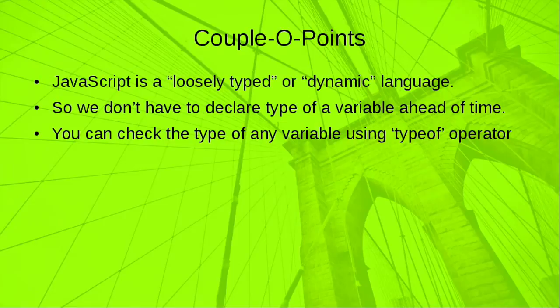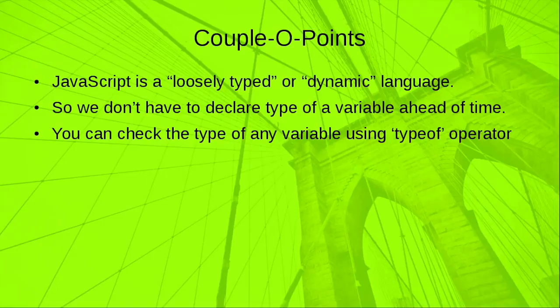If you want to store a numeric value into a variable, you don't have to define the type of the value that variable is going to contain beforehand or ahead of time. Just like in Java, we write int i equals 42, so we are defining the type before assigning the value 42 to the variable, right? In JavaScript, we don't do that.